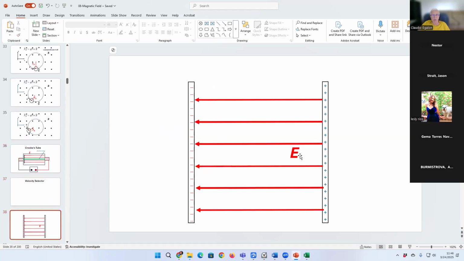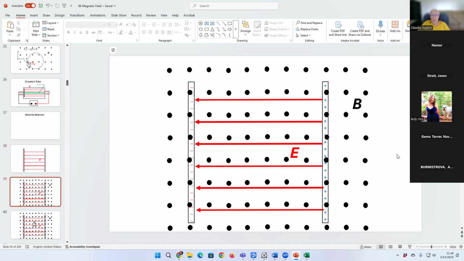Let's talk about the velocity selector. Let's start with the parallel plate configuration, with electrically charged plates, that produces a uniform electric field. And then combine this electric field with a magnetic field that's perpendicular to the electric field.